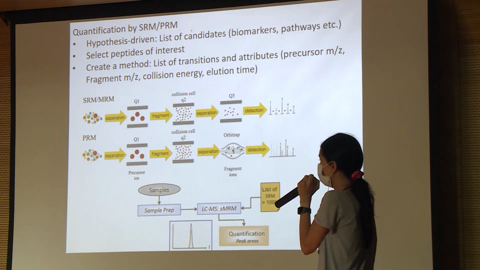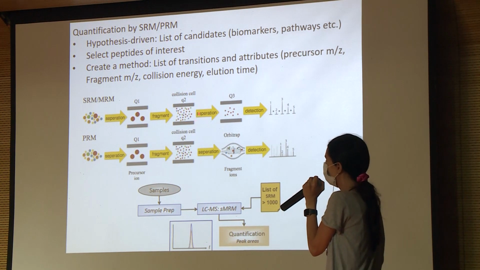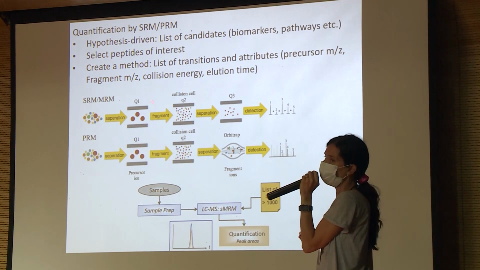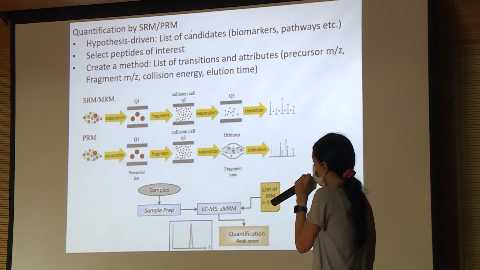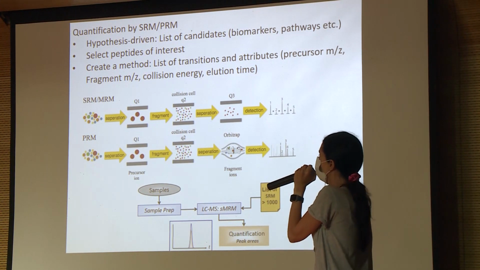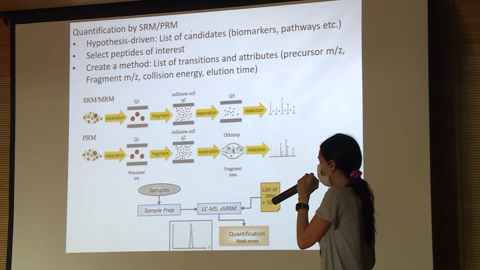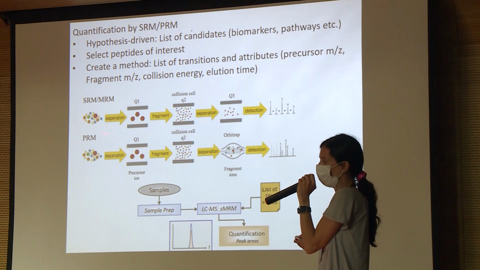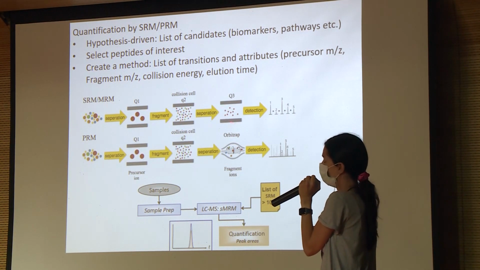It is fragmented, and then you use your second quadrupole to select only the fragments that you want to measure. So finally, in the third quadrupole, all you have are the fragments of the ion that you select, the fragments that you selected of the parent ion that you selected, okay? Only the red ones of all the fragments were selected.